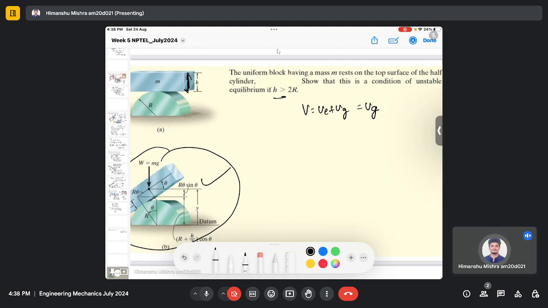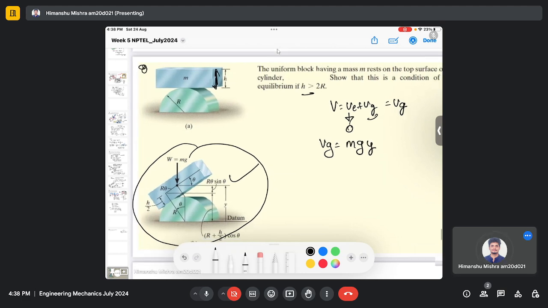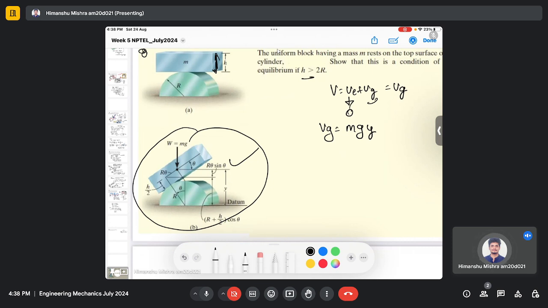So the total potential energy equals the potential energy due to gravity, which is mgy, and now we need to identify y. You can see that y is given as r plus h by 2 cos theta plus r theta sin theta. So this is my y.